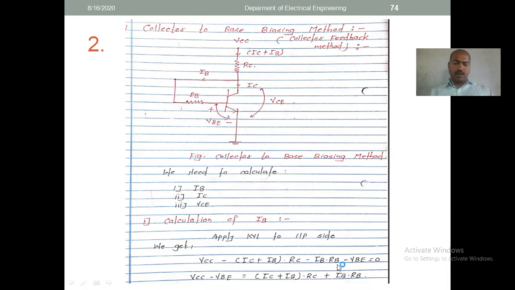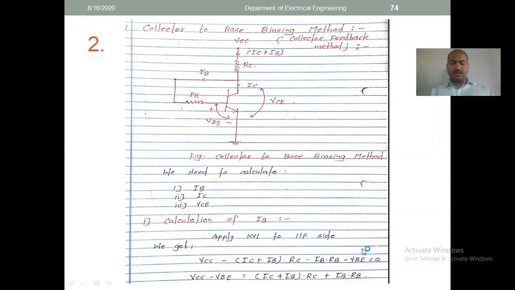So to calculate this, we have to separate out something. VCC and VB we are separating out. So VCC minus VB stays as it is here. All this other thing goes to the other side. So VCC minus VB is equal to minus of (IC plus IB) going to the other side as plus of (IC plus IB) into RC.